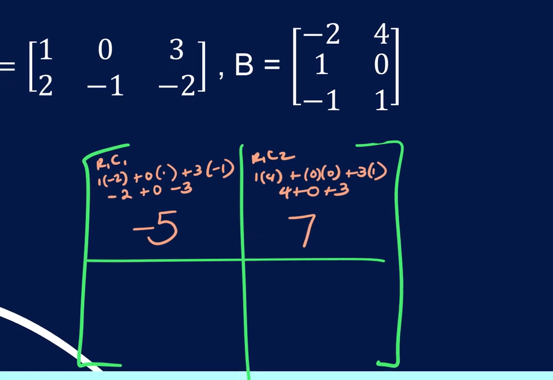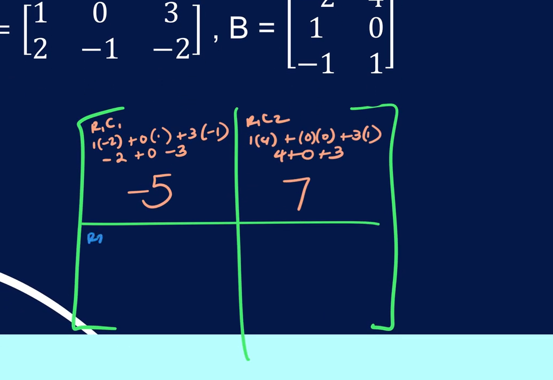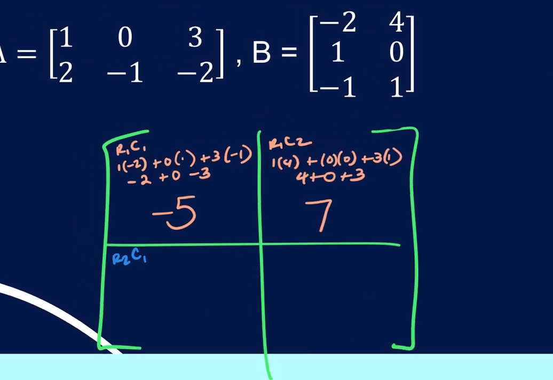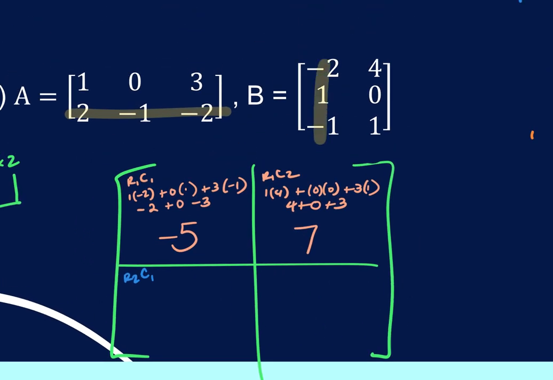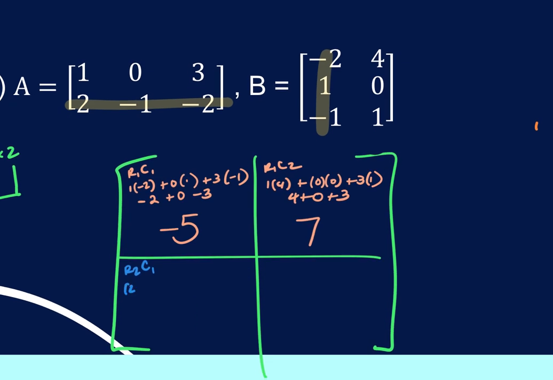And I go to the next cell, which is row 2, column 1. And you get 2 times negative 2 plus negative 1 times 1 plus negative 2 times negative 1. This is negative 4 minus 1 plus 2, negative 5 plus 2, which is negative 3.